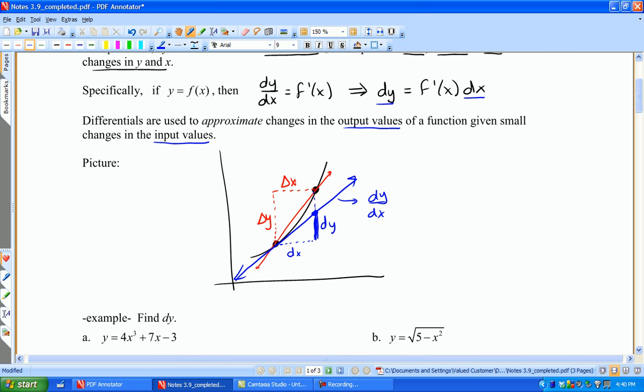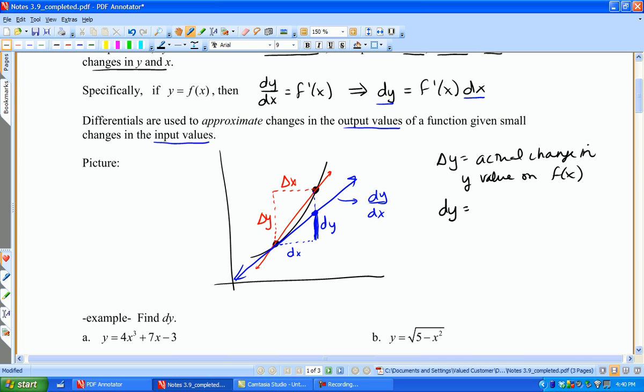But as long as the dx is a small enough value, the delta y and the dy will be close to the same amount. The delta y is the actual change in the y value on the function f of x.